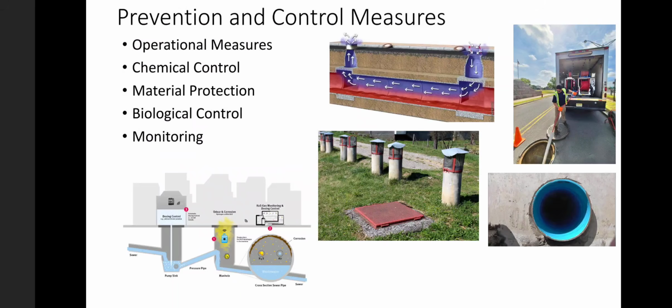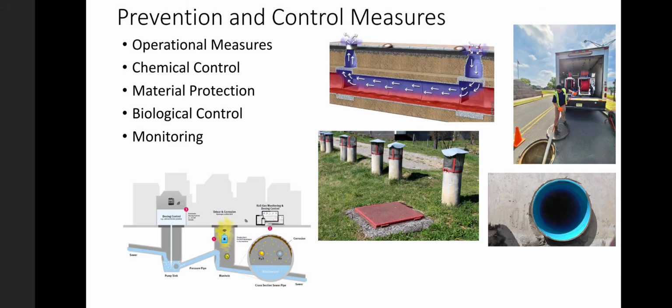Next one is biological control. For biological control, we can provide a number of air vents, so that air goes inside the sewer, and it changes the process from anaerobic to aerobic. If air enters, the process will change and the bacteria will die, and we can reduce the amount of gases being generated.